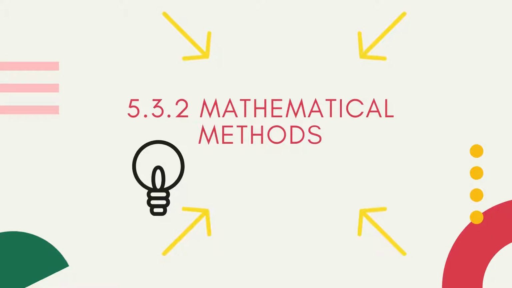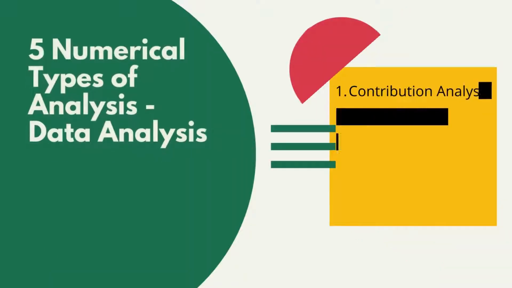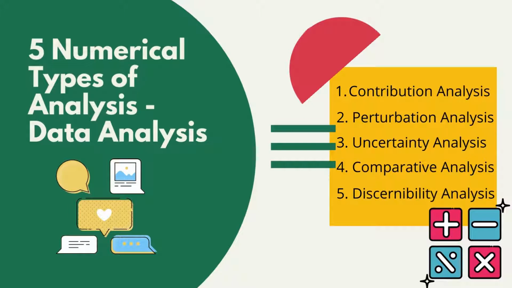Next, we are going to talk about 5.3.2, which is mathematical methods. There are 5 numerical types of analysis suited for data analysis in the interpretation phase, which are contribution analysis, perturbation analysis, uncertainty analysis, comparative analysis, and discernibility analysis.